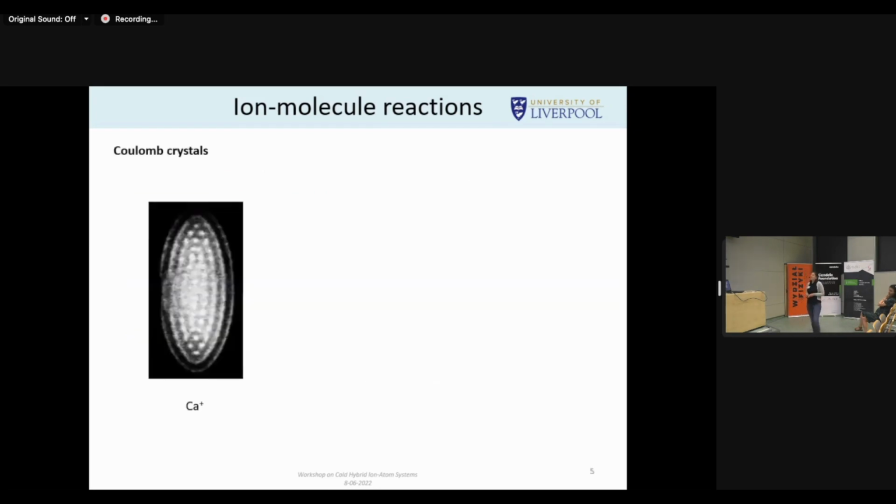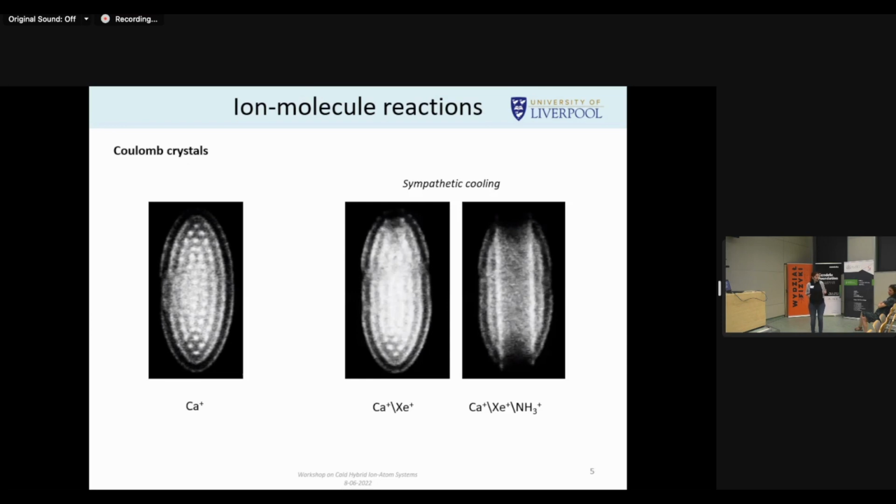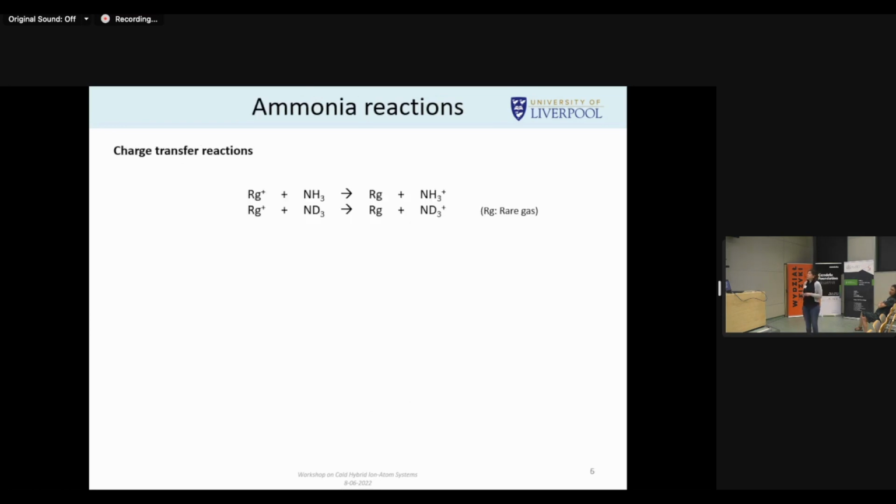Again, we're using Coulomb crystals as our cold scaffold to study reactions, but the reactions are happening between sympathetically cooled species and other molecules. During my PhD, I studied several charge transfer reactions between rare gas ions and ammonia neutrals.